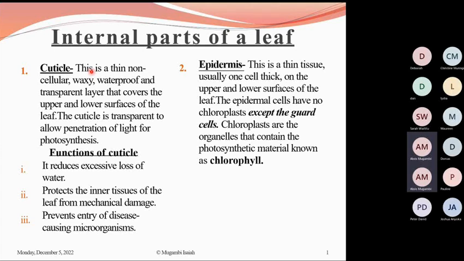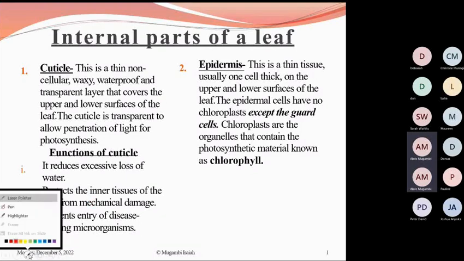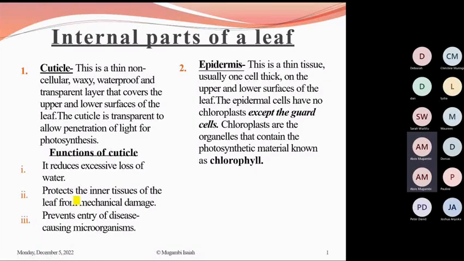Remember what we have seen, class. For any questions about adaptations, you need to mention 3 areas. Number 1 is the structure. The other one is the modification. And the other one is the function.